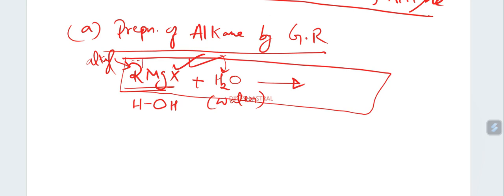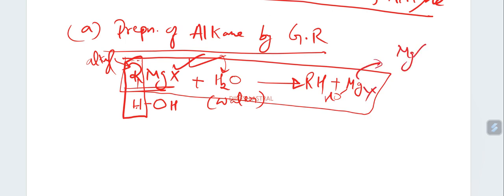Then to know the correct product you write down like this, just below this: bind this carbon with this hydrogen, you get RH, plus next bind this OH with magnesium, Mg(OH)X. This can also be written as Mg within bracket OH and outside X.